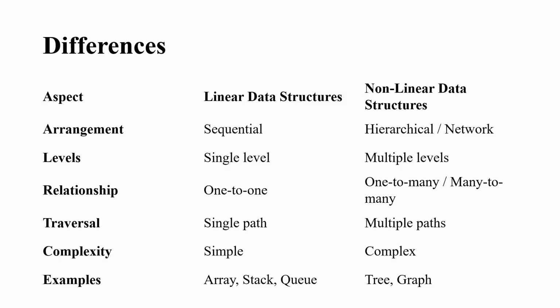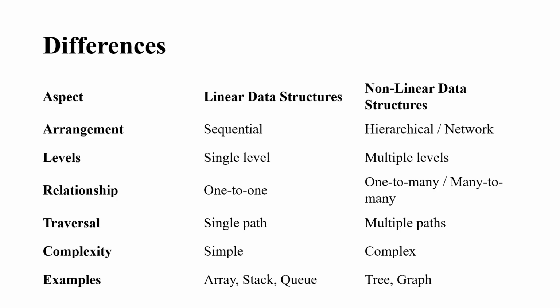When it comes to levels, we have a single level in linear data structures, and in non-linear data structures, we have multiple levels. Why is that so? Because one element can be connected to multiple elements. That is why we will have multiple levels. When it comes to relationship, we have a one-to-one relationship in linear data structures, but in non-linear data structures, we have multiple relationships like one-to-one, one-to-many or many-to-many.